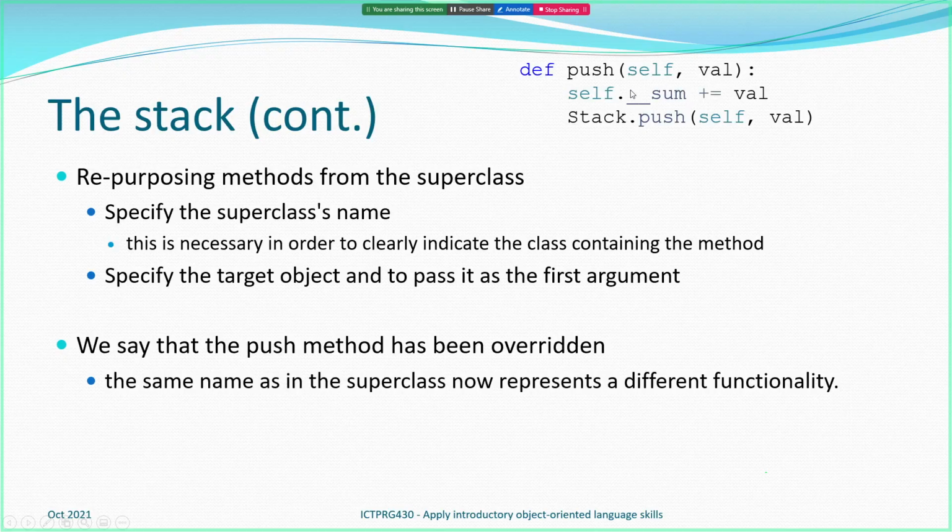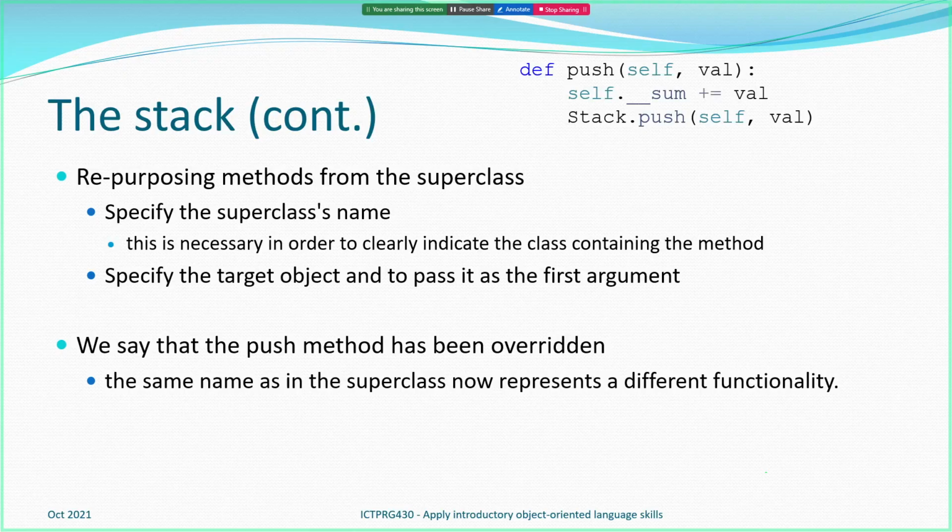So in this one, we're redefining push, and it's self, val, so they're the parameters that are available, and we're doing a private variable of sum, and we're adding that to value. So you'll understand the example when you're reading the curriculum, because it's part of the code.